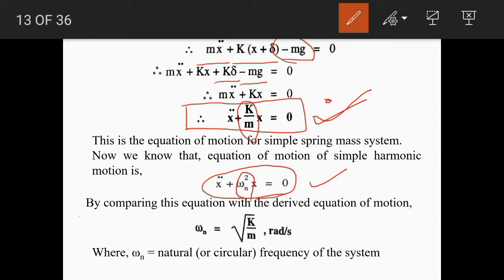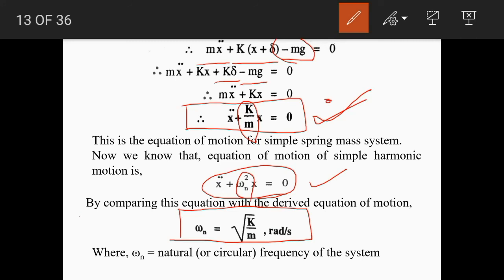So ultimately omega is equal to the square root of k by m. Here omega is nothing but the natural frequency of the system, and that's why we denote it as omega n.